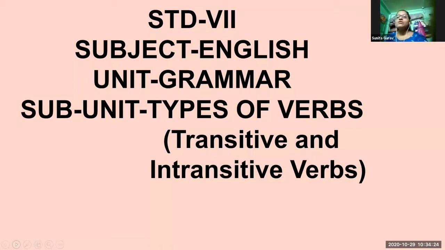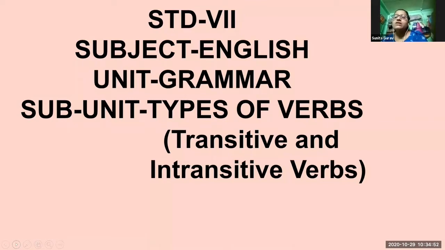Now in verbs also, see children, English is a funny language. Why is it so? Because in English there are so many, means infinite, words. And those words have different meanings that you cannot even tell by the count of your fingers. Same way, verb is a very broad concept.